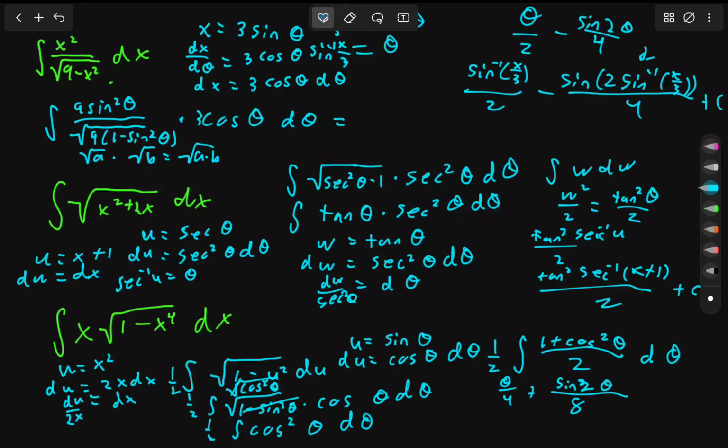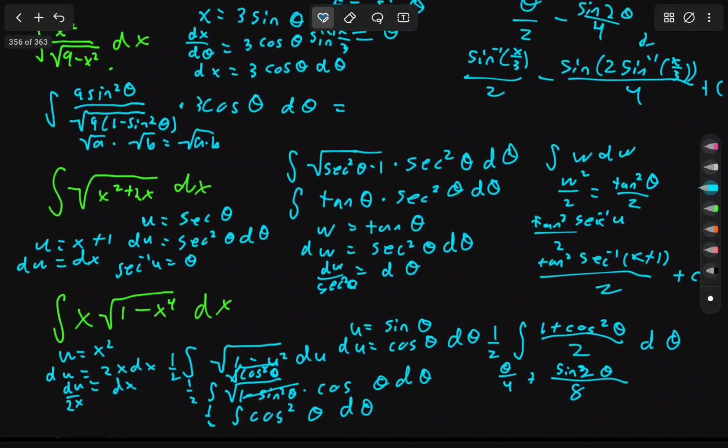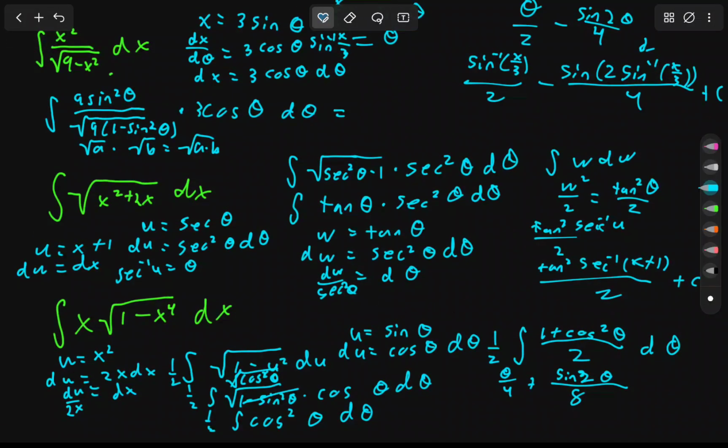Now we just have to find theta. So, in order to find theta in terms of u, we just have to take sine inverse of both sides. So we get sine inverse of u is equal to theta. Well, what is u? U is x squared. So this is really just the same thing as sine inverse of x squared, and that is equal to theta.